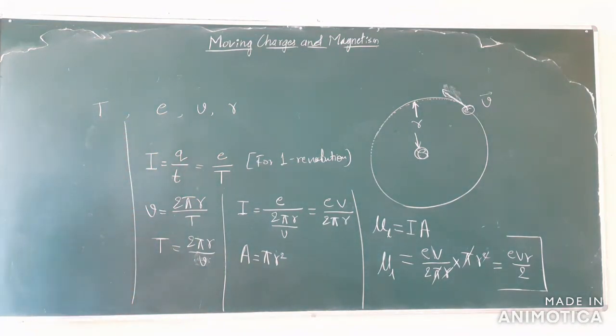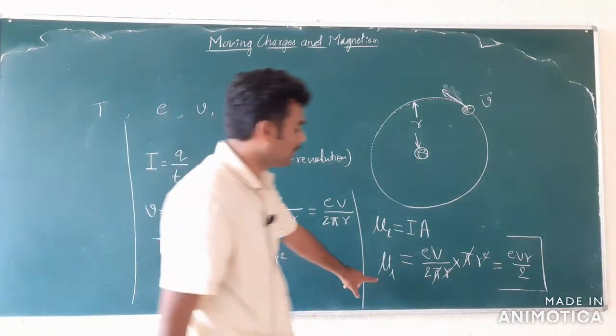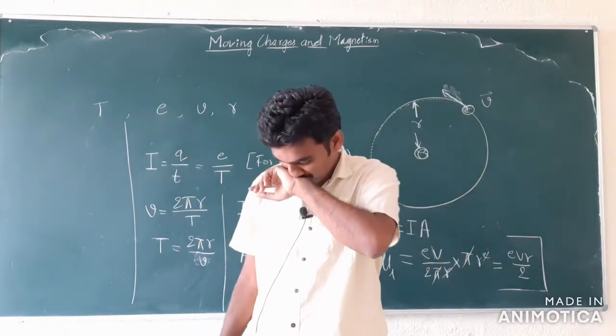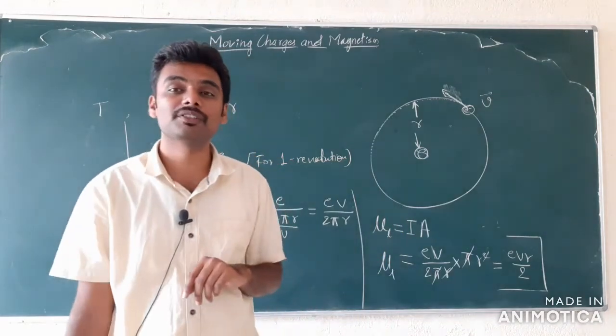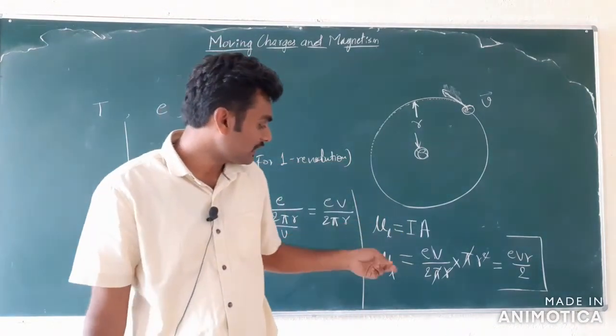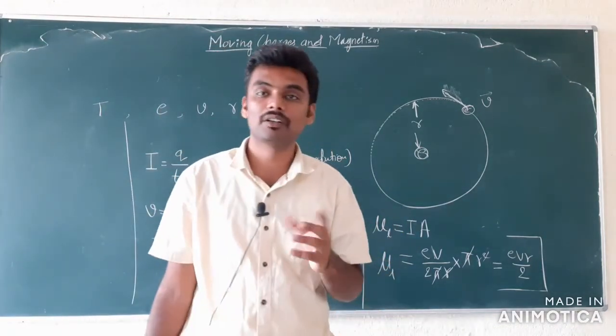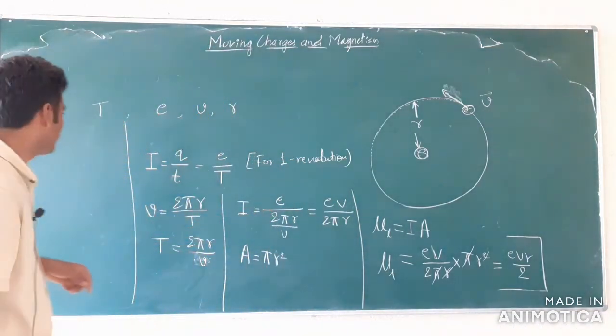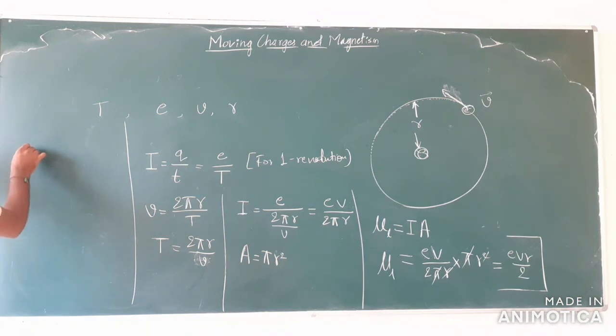Instead, we want to connect this mu L to another familiar term. One familiar term to which we can connect mu L is the angular momentum of the revolving electron. So what is angular momentum given by? Angular momentum L is equal to r cross p, r into mv.